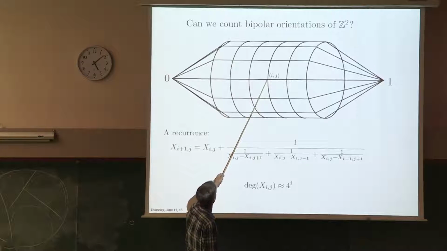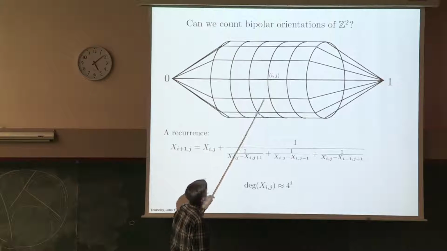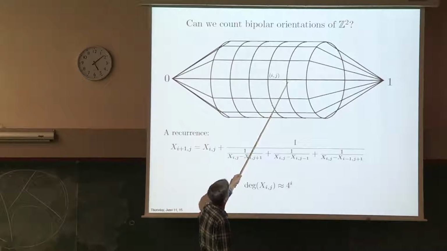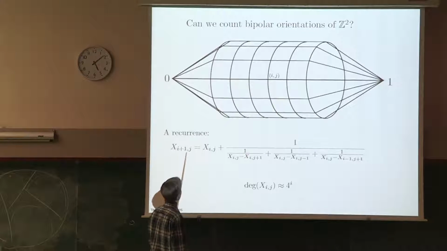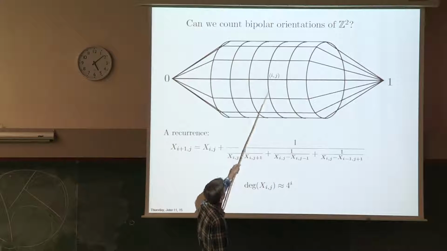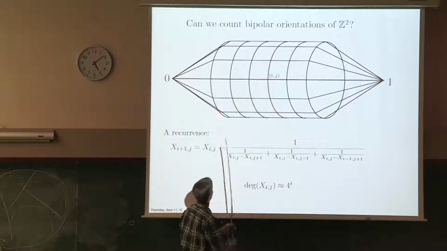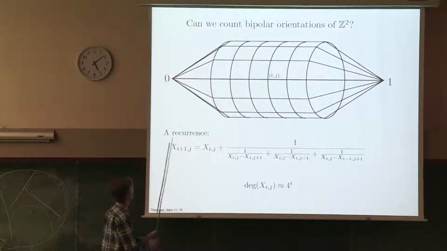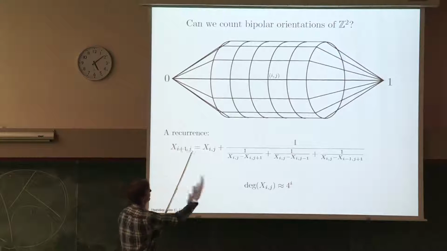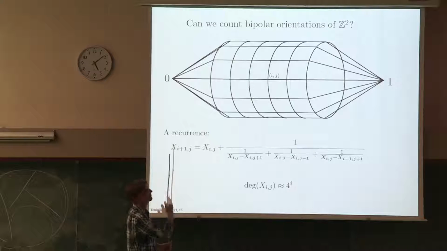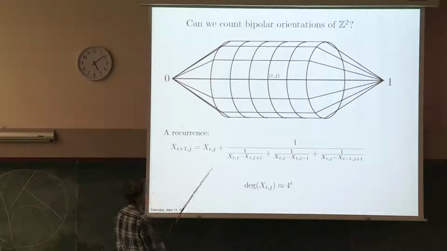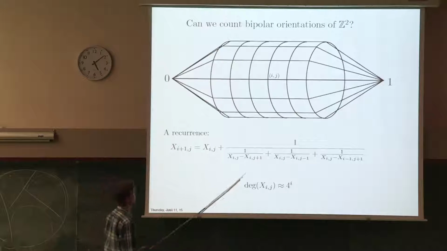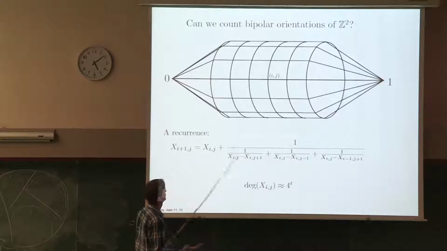If you solve for the neighbor on the right, x_{i+1,j}, in terms of the other neighbors to its left, you get a recurrence relation giving the value on the right in terms of the values on the left. It's like a transfer matrix sort of equation. It's just a nice rational equation.